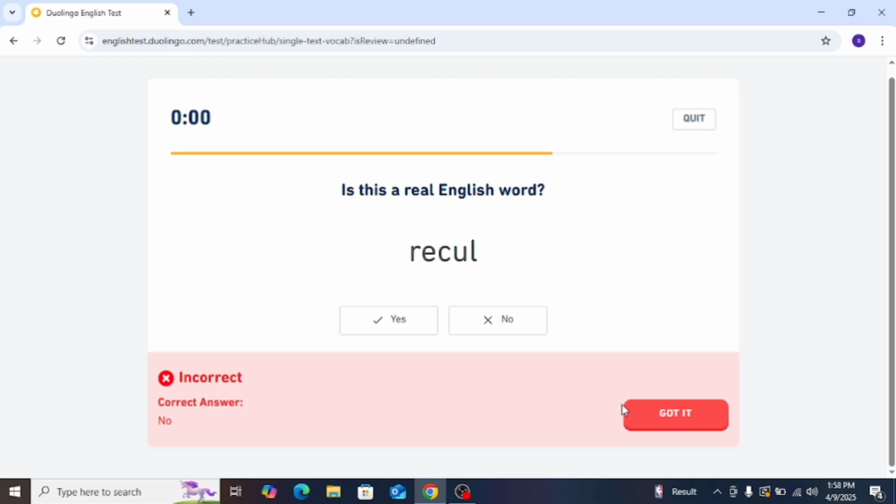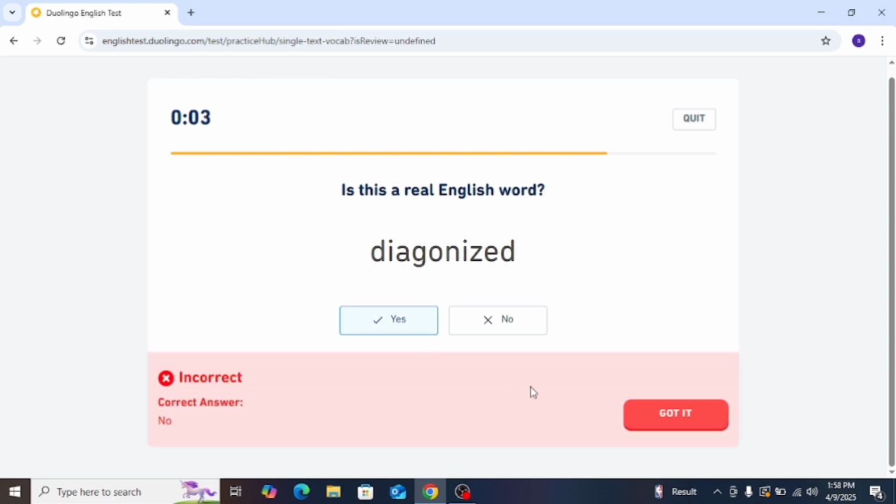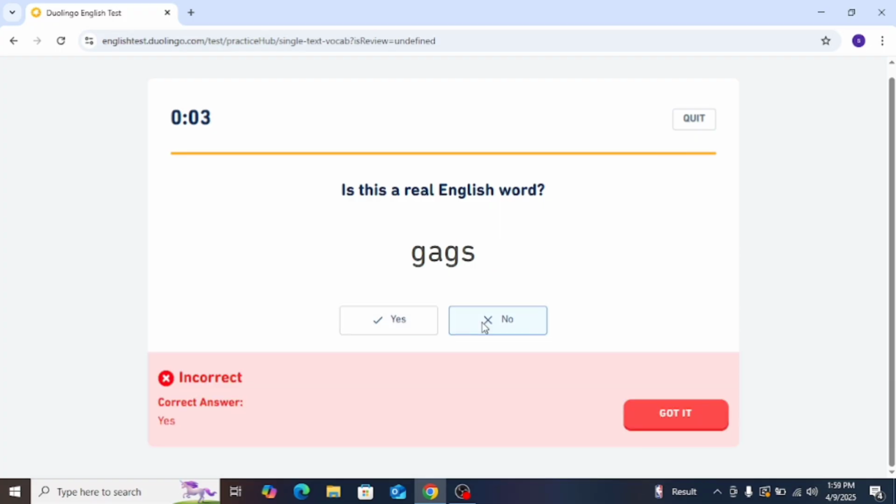That is why this is not a real English word. Diagonized, yes. Ranging, yes. Gags, yeah, gags.